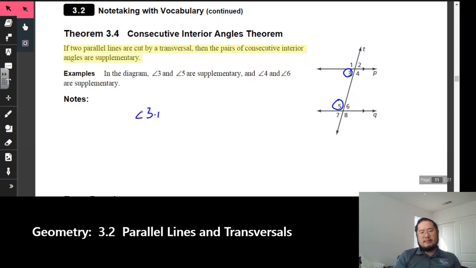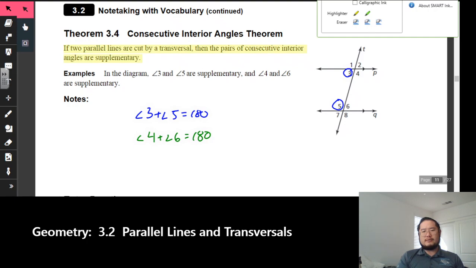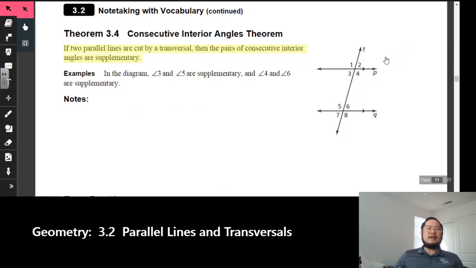Therefore, angle 3 plus angle 5 is equal to 180. On the right side of the transversal, we could say angle 4 plus angle 6 is equal to 180 as well. So consecutive interior angles happen to be a little different.